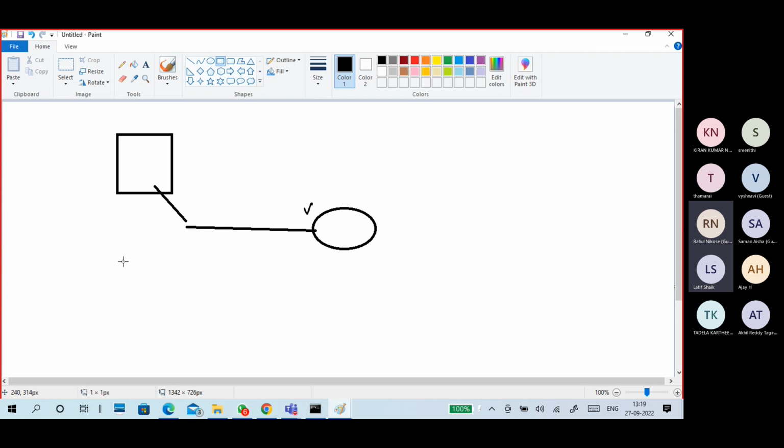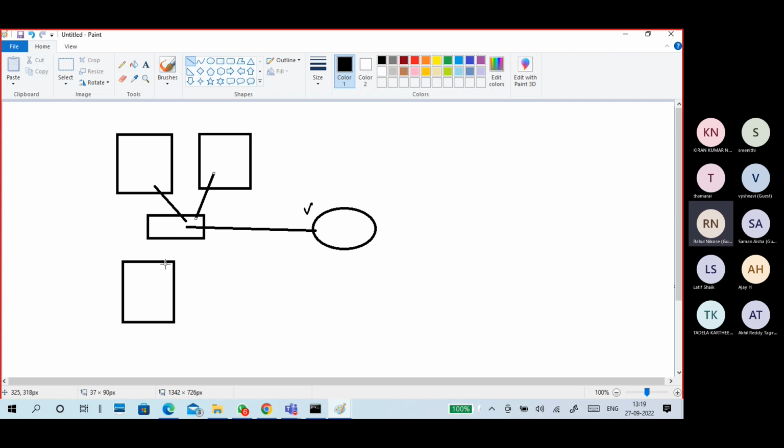I can communicate with this IP address in my local network. For example, if these PCs are connected to each other, we can make communication between these PCs using private IP addresses.